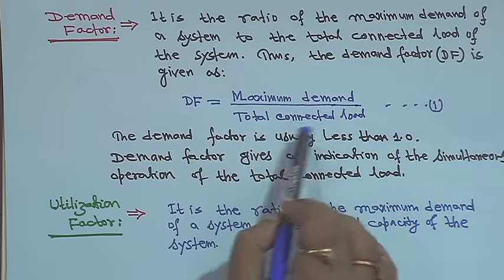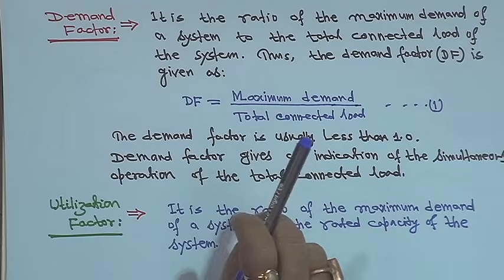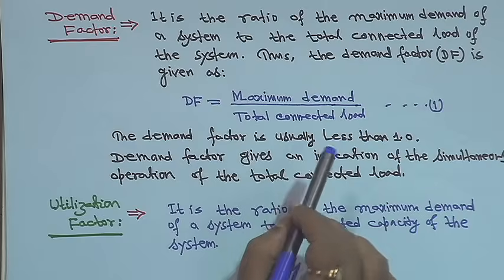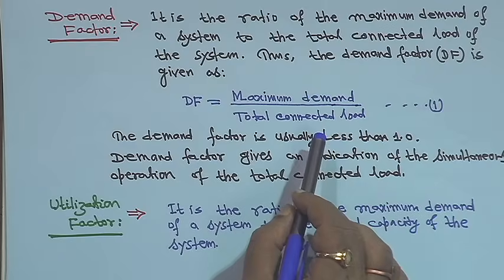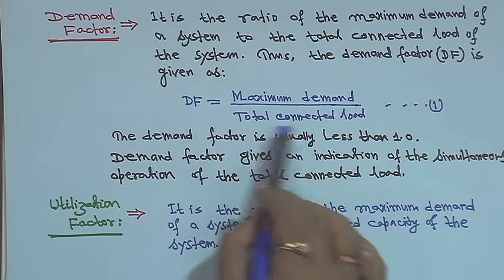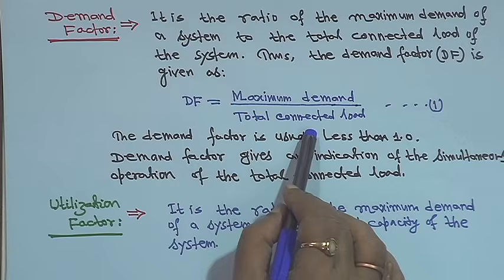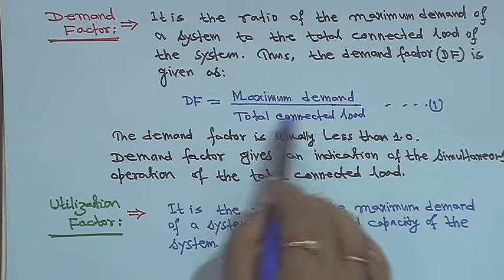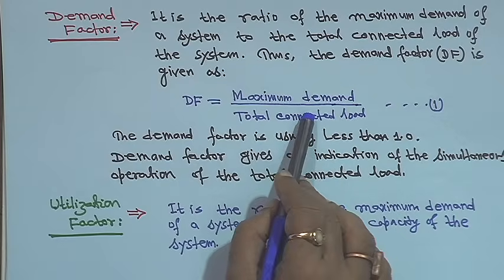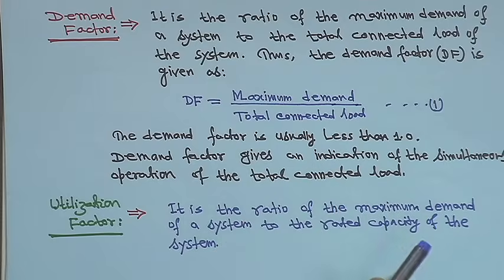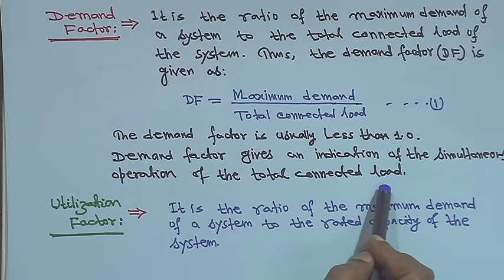Generally at a home you have light, fan, TV, refrigerator, geyser, everything, and you are not switching on all at one time. So naturally maximum demand will be less than the total connected load, so usually less than 1. So demand factor gives an indication of the simultaneous operation of the total connected load.